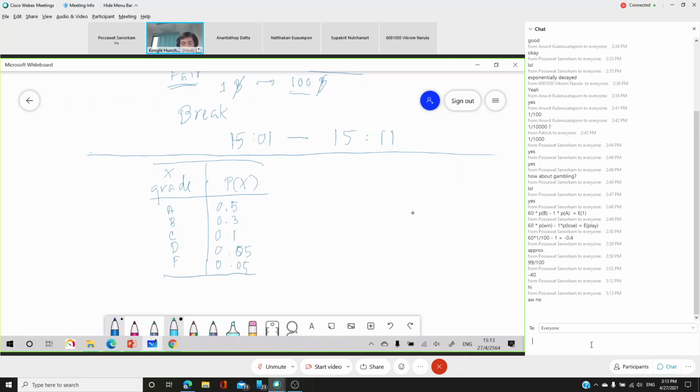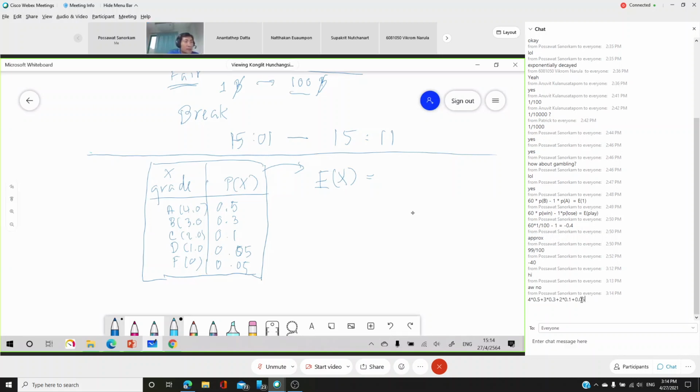So the probabilities add up to 1, right? And let's say A is 4.0 and B is 3.0, C 2, D is 1. So if we know this statistic, for this person, what would be a good guess for the expected GPA for this person taking a class?